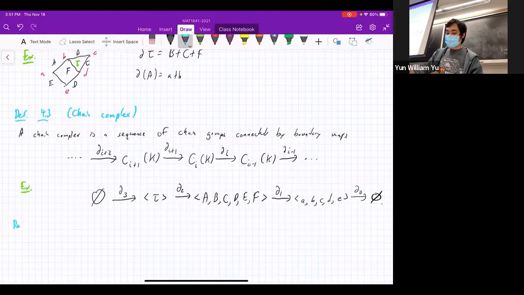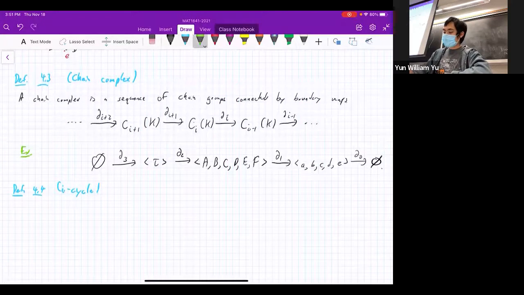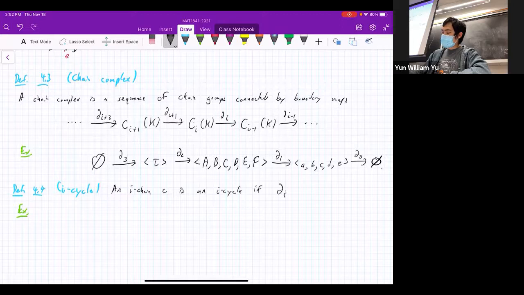And we can also define something. Once we have these things, we can define a number of other terms. So let's define an i-cycle, which is going, oh, I should actually define it first. So an i-chain C is an i-cycle if di of C is equal to 0.